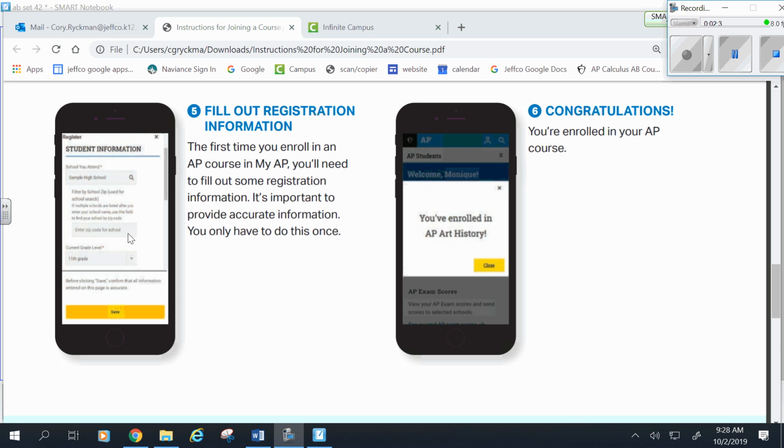80235 is our zip code. Okay, I just signed in, so where do I go from here?